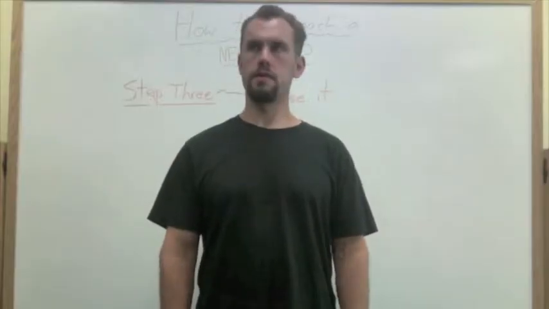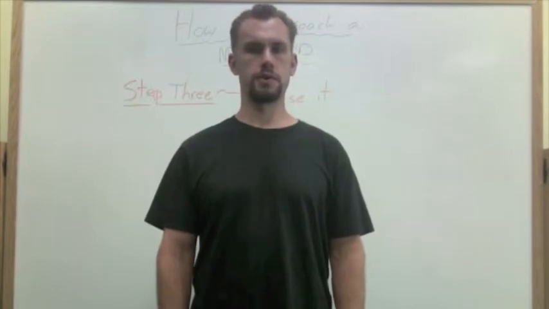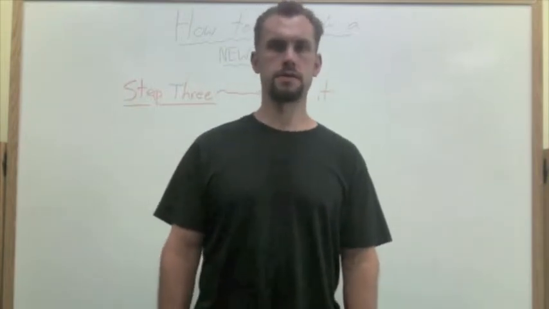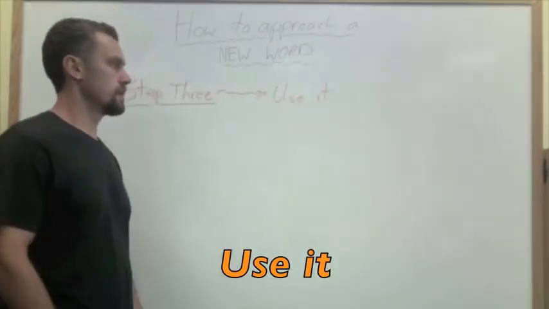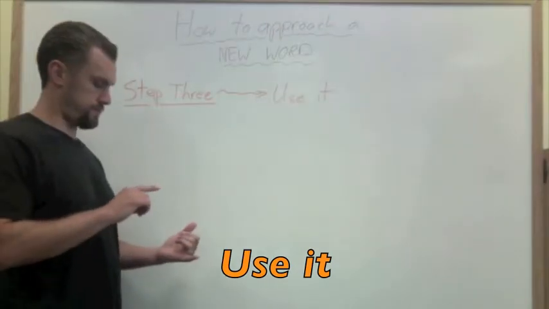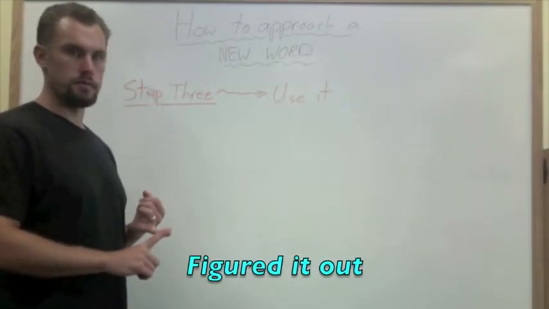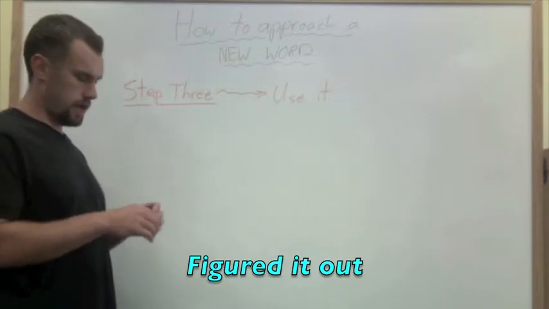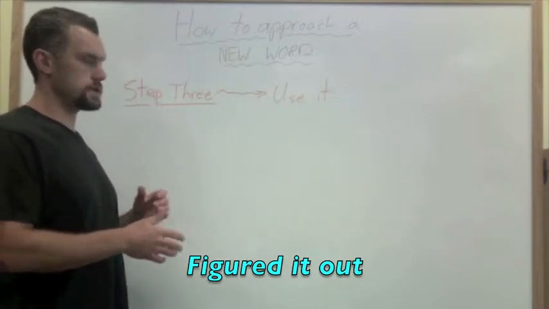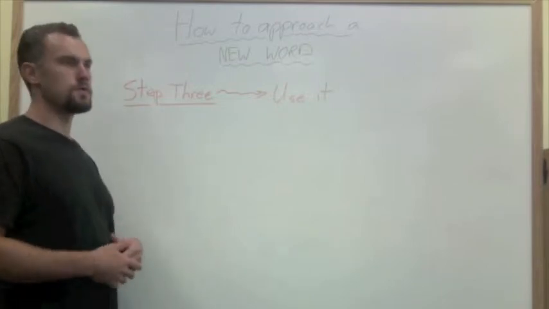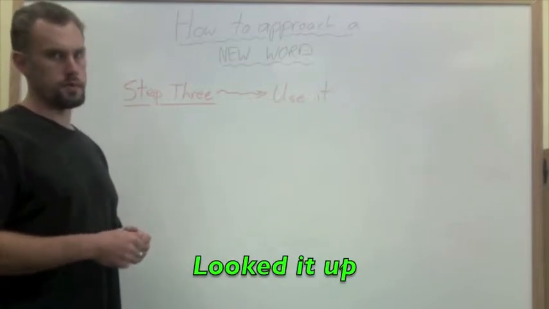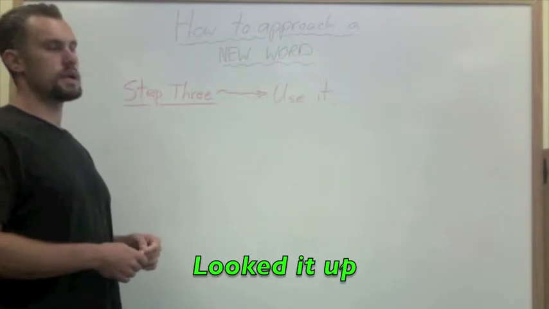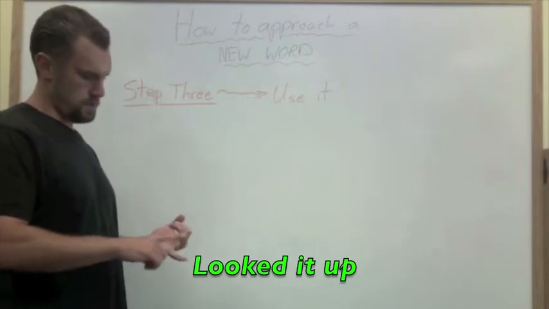So the third step in the 3-step process for approaching a new word in your reading is to use it. By this point, we have tried to figure the word out using word analysis, breaking it down into its parts, and looking at its context, the other words around it. We have looked up the word. We've done research, meaning we've looked up its definition.